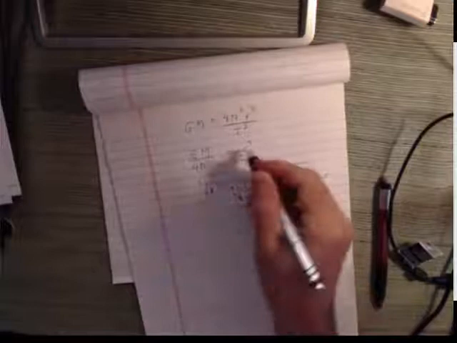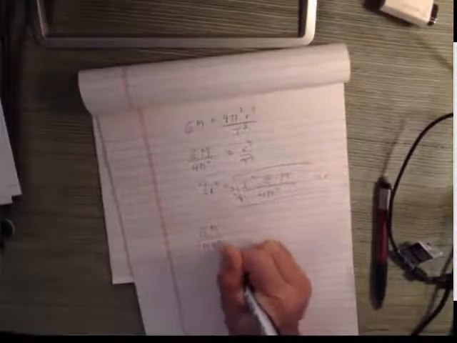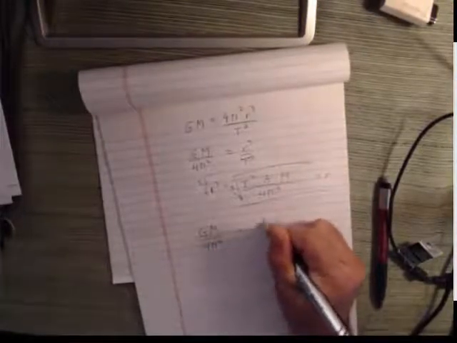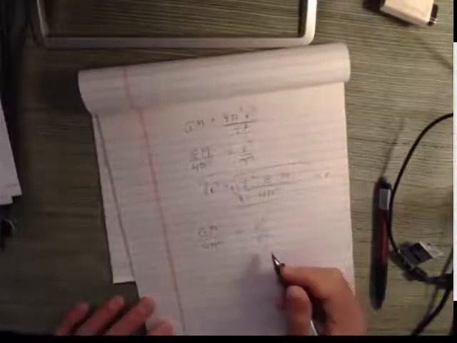Or you might solve this for T, and you'd say, okay, I'll rewrite the original equation. GM divided by 4 pi squared is equal to r cubed over T squared. Solve this for T. I can invert both sides. 4 pi squared divided by G times M is equal to T squared divided by r cubed.